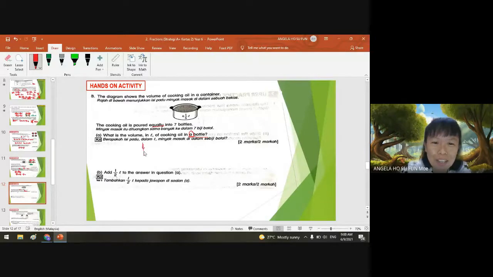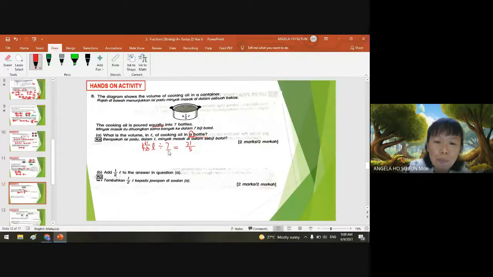So total is 4 1/5 liter. So when I divide by 7 bottles, I will make it become this. Okay, change to improper fraction. This is times and plus. 5 times 4 is 20 plus 1 is 21 over 5.